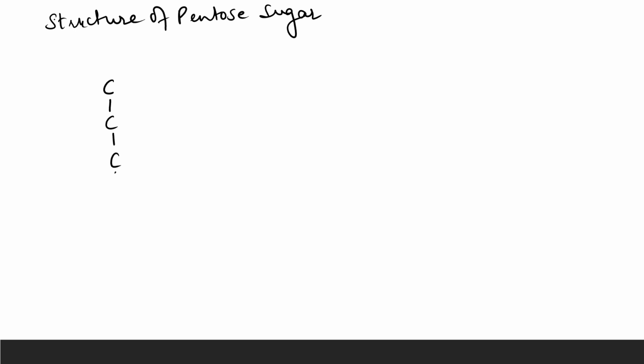So let me draw it again, the structure of pentose sugar. What we said, there are a total of 5 carbons, right? And here we have an aldehyde group, and then we have alcohol here also, right? Okay.